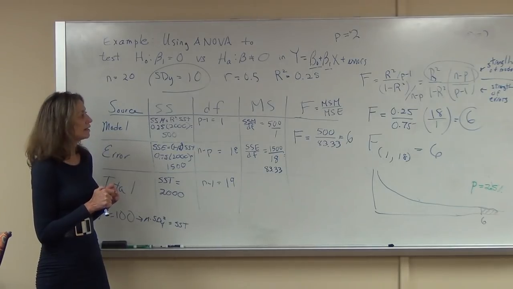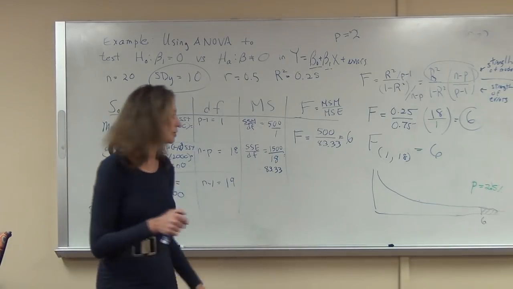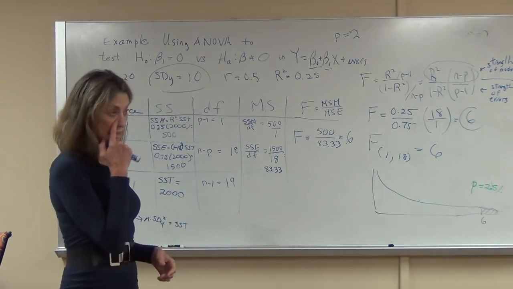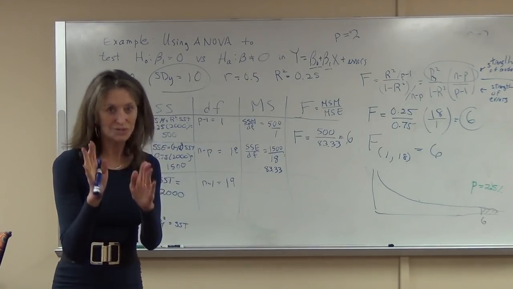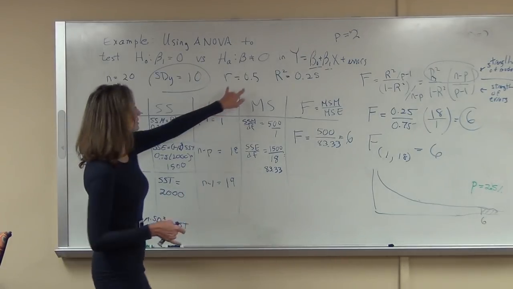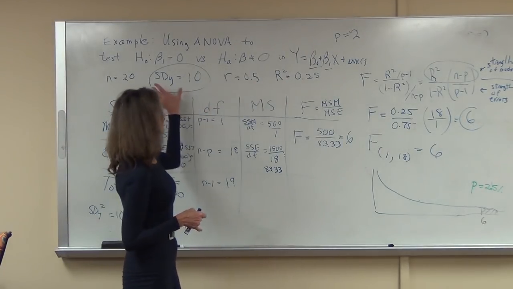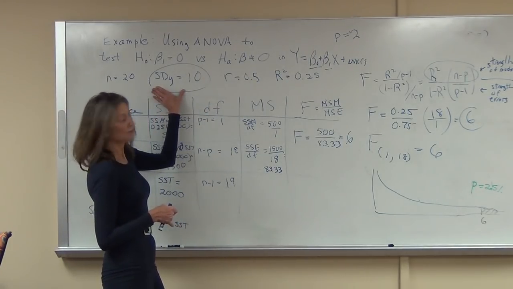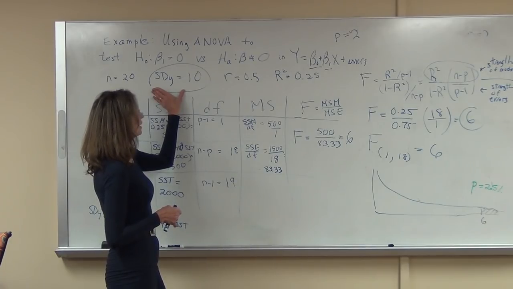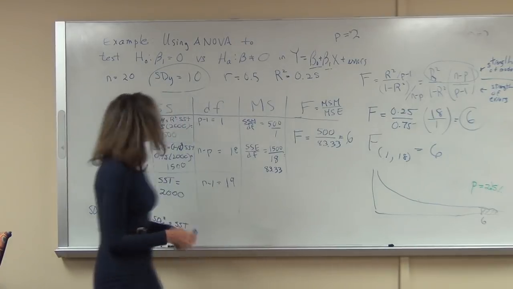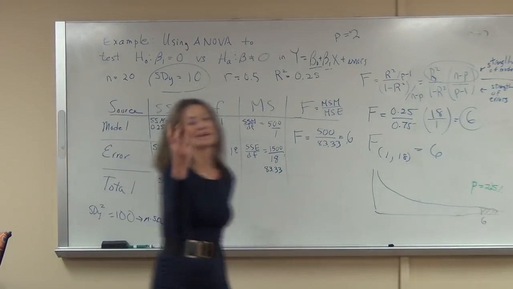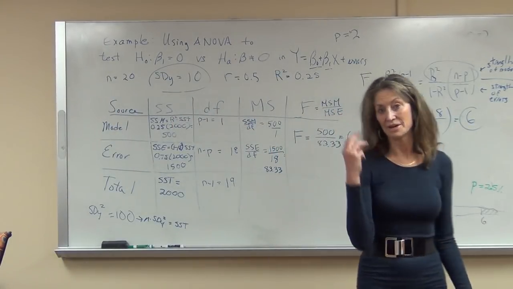Okay, now one last piece of information I want to show you is, no, first off, the reason I could do this is because I was given R and the standard deviation here, right? In class, you're going to have to do all that from scratch, but you're not going to have 20 points, you're just going to have 3, just so you can see how it works out.